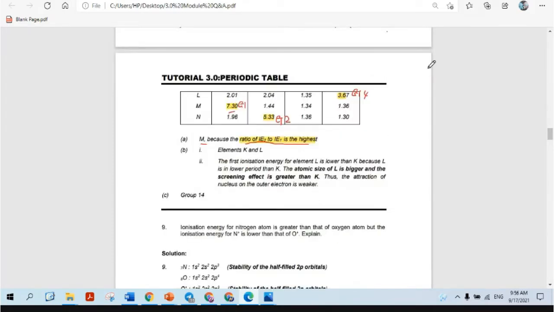So the first ionization energy for element L is lower than K because L is in lower period than K. Or you can mention the first ionization energy for element K is higher than L because K is in higher period.